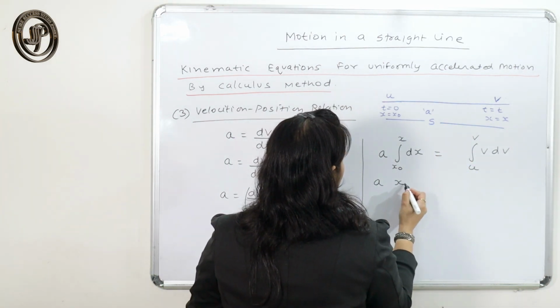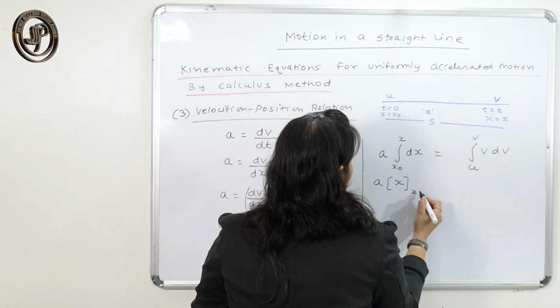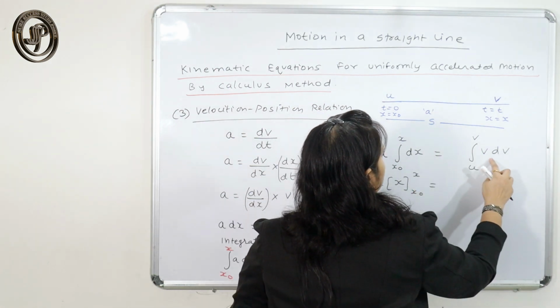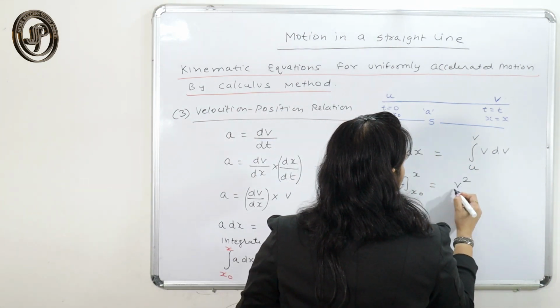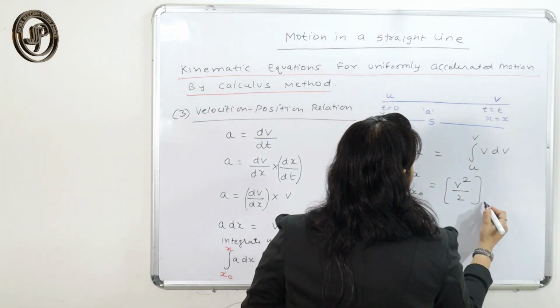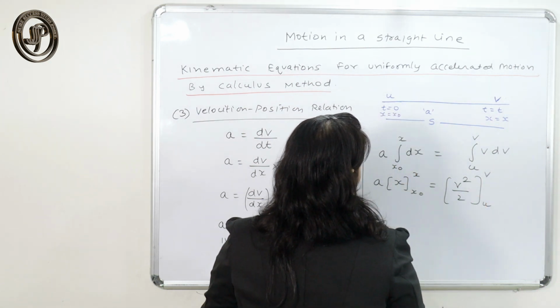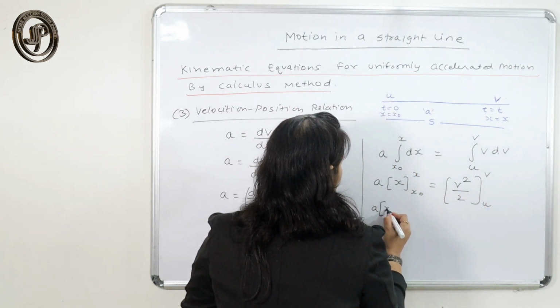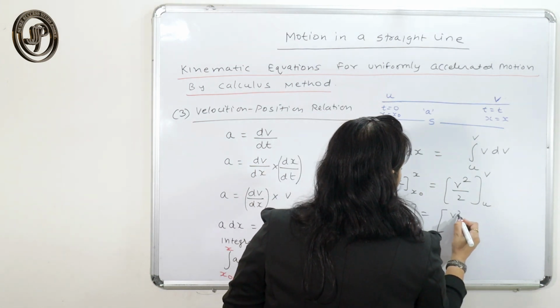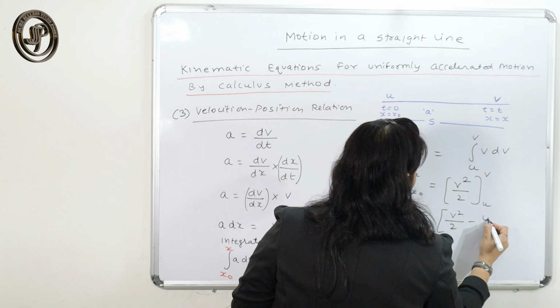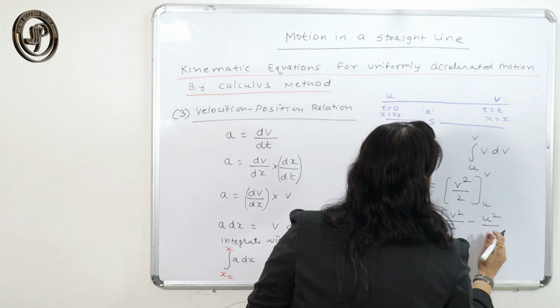So, here the integral of dx will be x only, and what is the integral of v dv? That is v square by 2, with limit u to v. So, upper limit minus lower limit: here the upper limit is v and the lower limit is u.